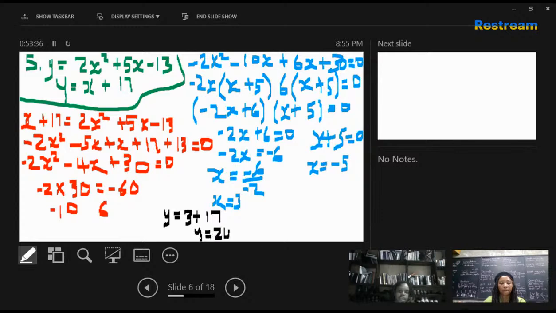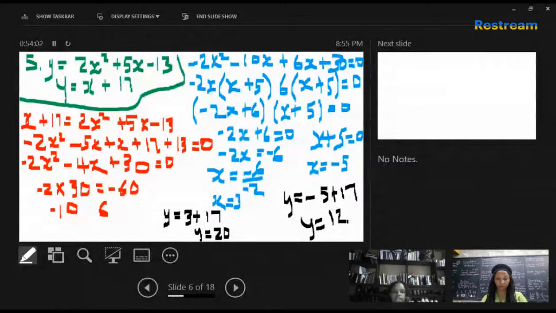For the second y value, y equals negative 5 plus 17, and negative 5 plus 17 is 12. So the pairs would be: when x is 3, y is 20, and when x is negative 5, y is 12.